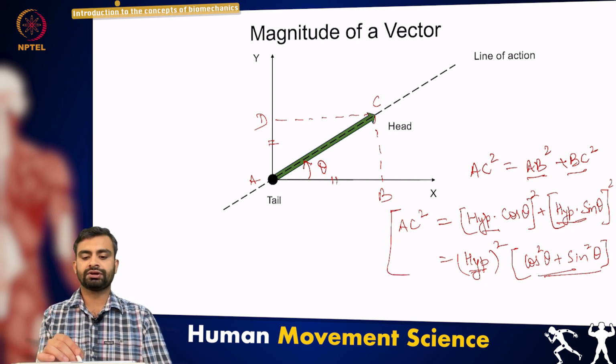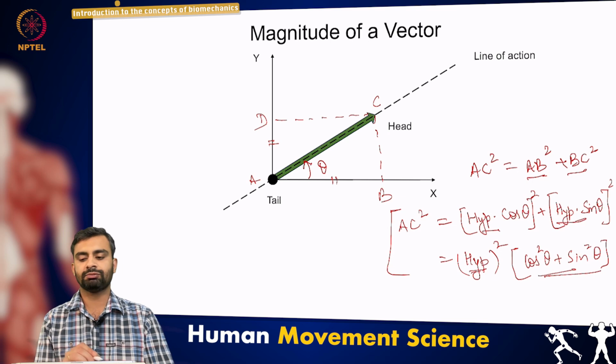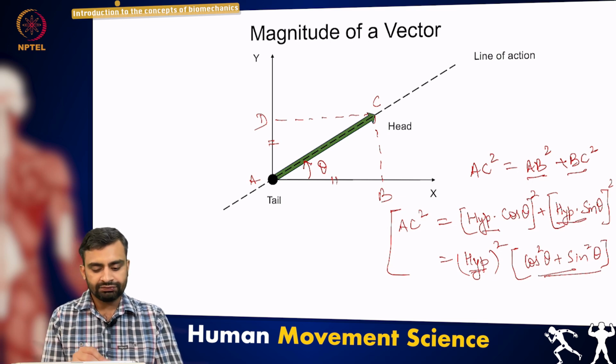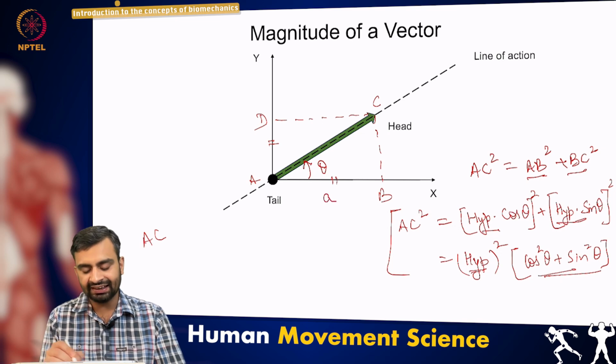Another way of looking at magnitude of a vector from a numerical point of view: if we have this vector, let us represent AB as A and BC as small b.